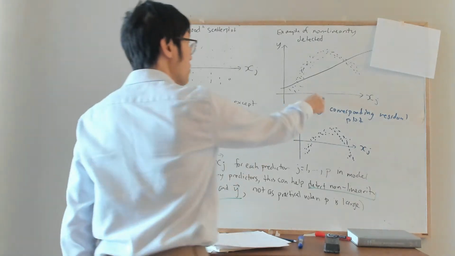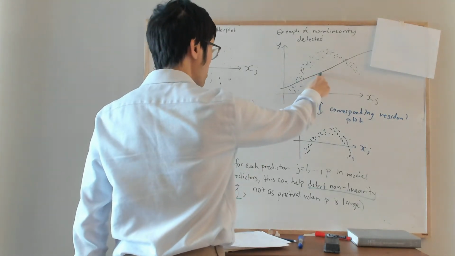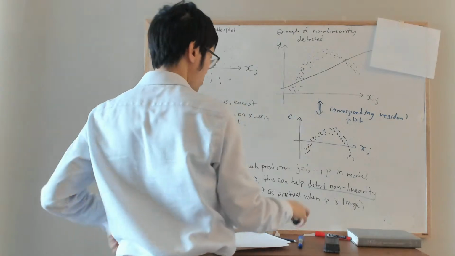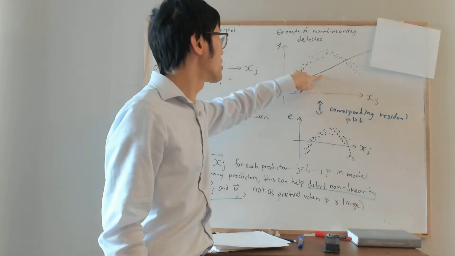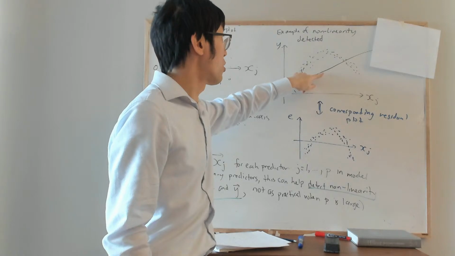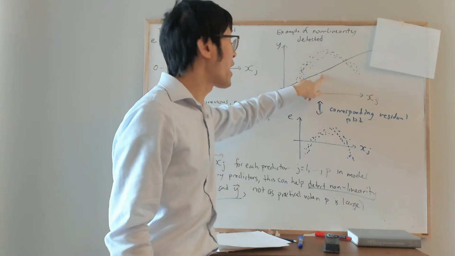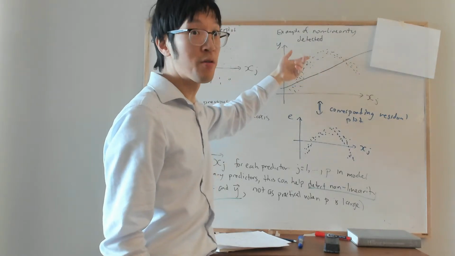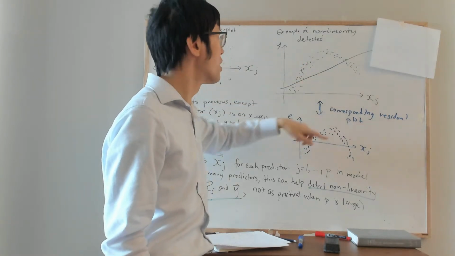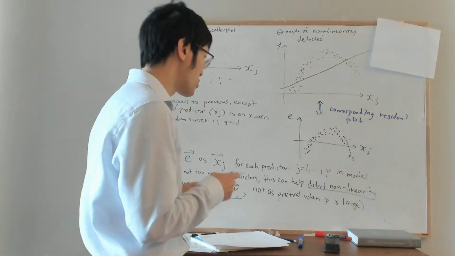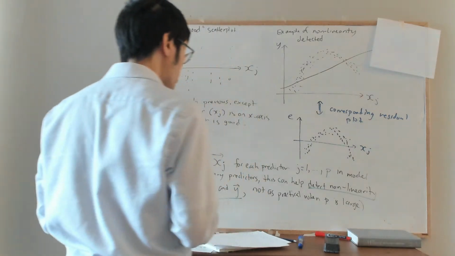You see here, for example, when xj is this value, the expectation of y is here based on the model, but the average error at this value of x, they're all positive. Therefore that is a violation of the assumption that the expectation of epsilon is 0.